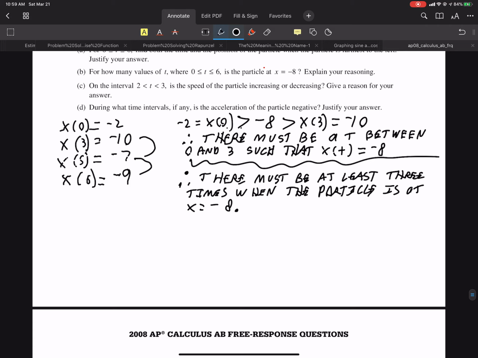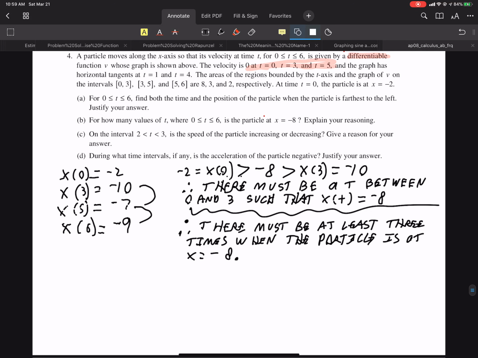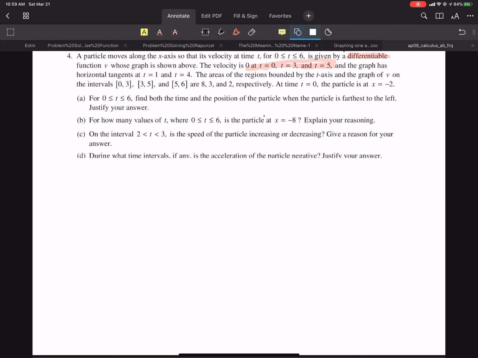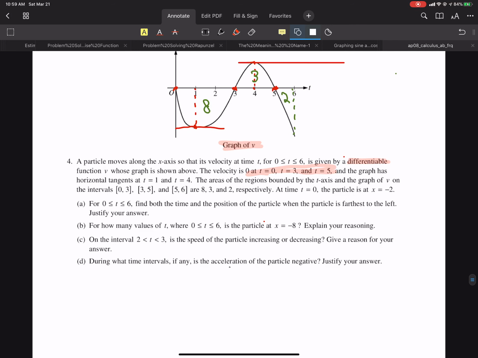All right, on to part C. Let me erase. I'm just going to cover this again. We're getting layer over layer over layer, but hopefully we're good. So part C. On an interval from 2 to 3, they want to know if the speed is increasing or decreasing.